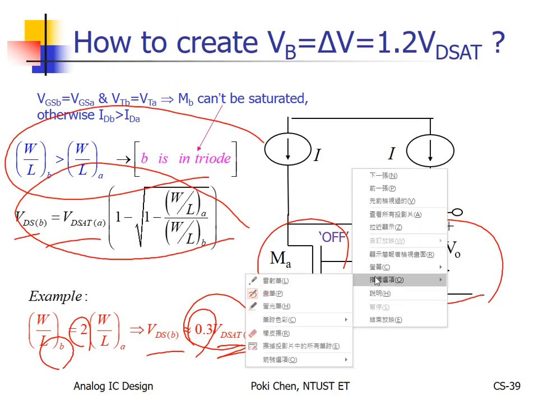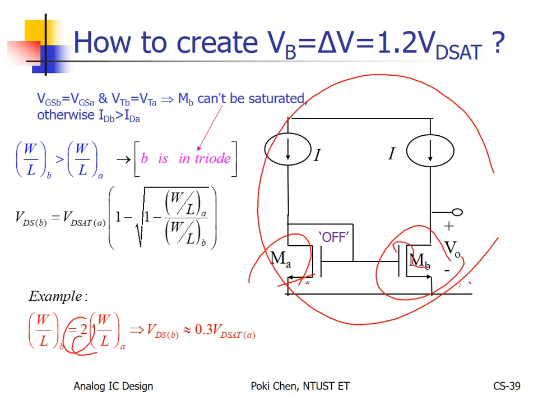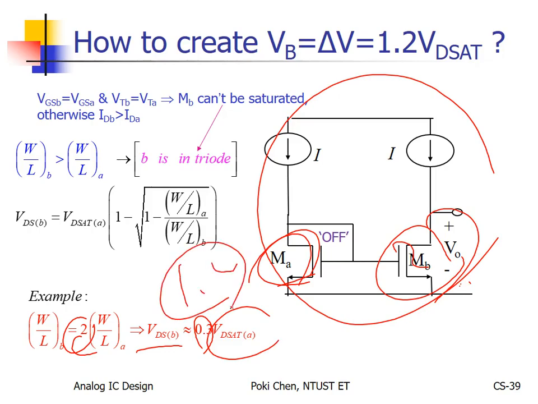Okay, so here I told you, with such kind of structure, saturation here, triode there, and I'm 2 times larger than you, right? I can make my delta V only 0.3 of yours. But we need to make it 1.2. What does it mean? It needs to be increased by 4 times, right?